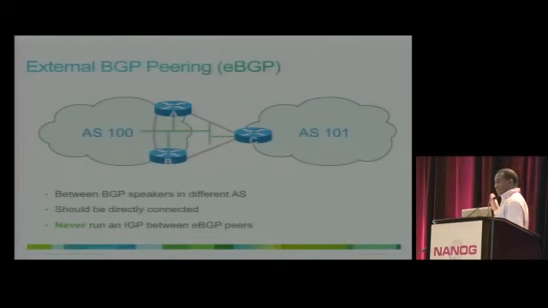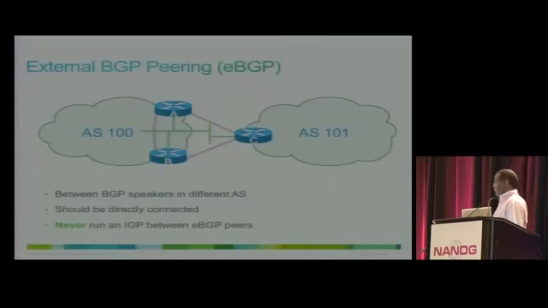Typically, the border router should be directly connected to other border routers, either through a LAN switch or a point-to-point connection. There are cases where a LAN switch or layer 2 switch is used, usually in a public peering case, or in other cases, almost always a point-to-point link.